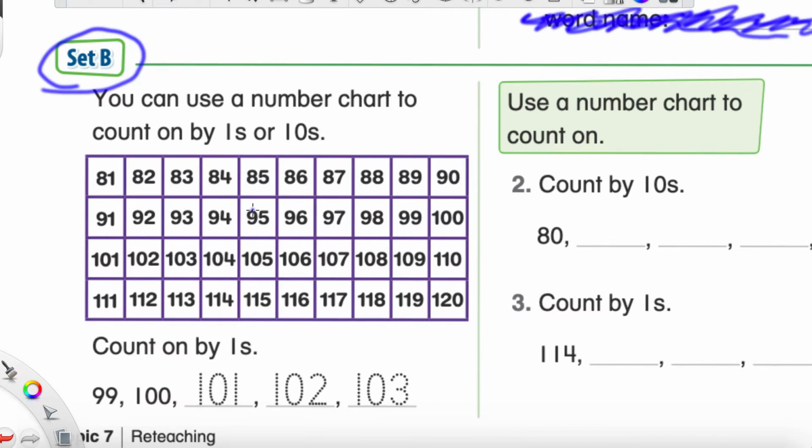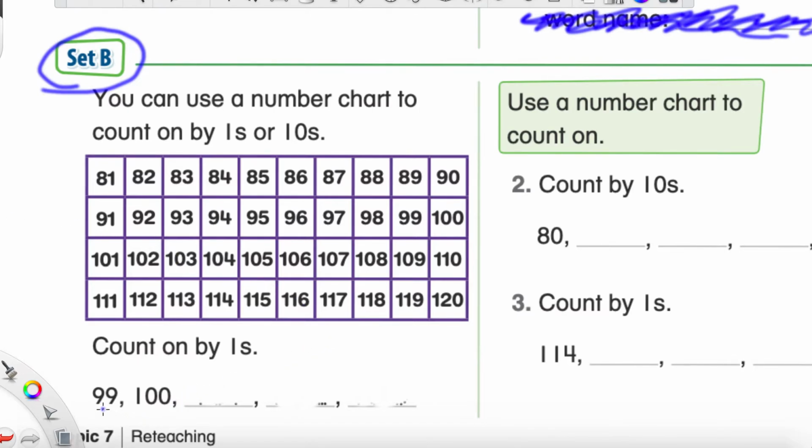They're giving us a little section, and what they want us to do is to finish counting on from any number that they give us by either tens or ones. So if I were to erase these little dotted line answers right here, I wish they didn't give us these answers so we could go over this one together a little bit better. We're going to pretend they weren't there.